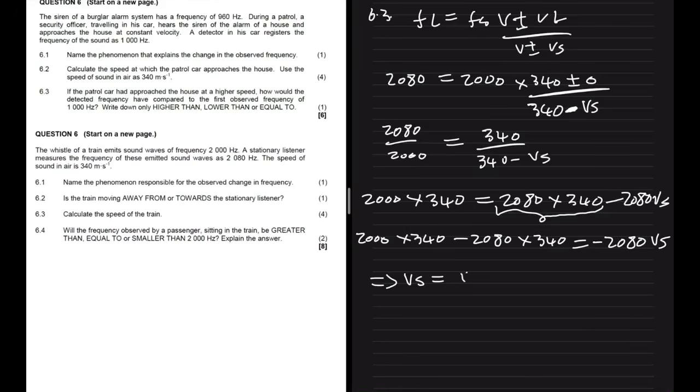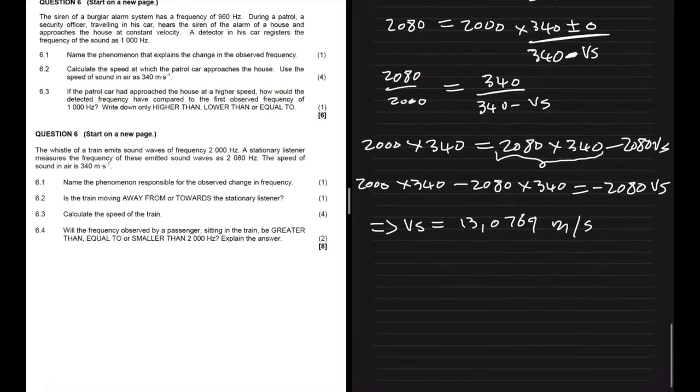That gives me 13.0769 meters per second. I think that's around about it. That's the speed of the train.